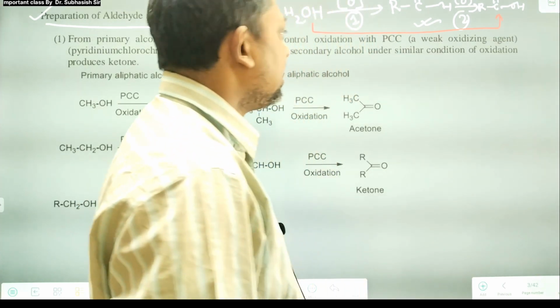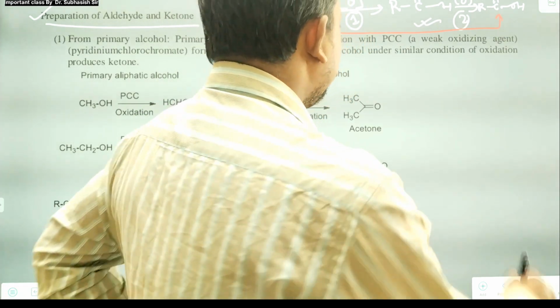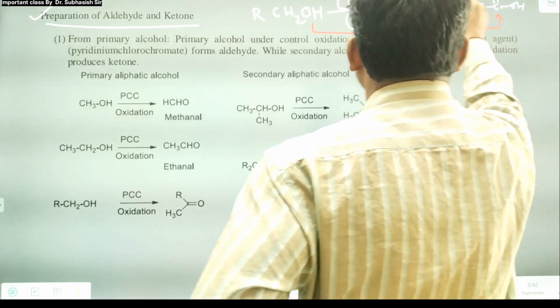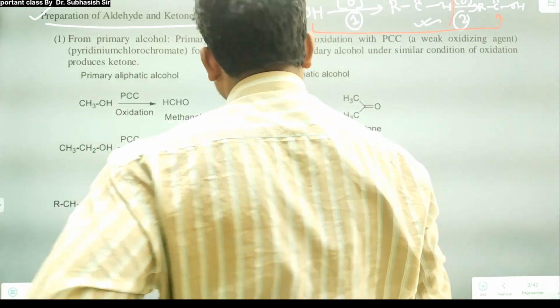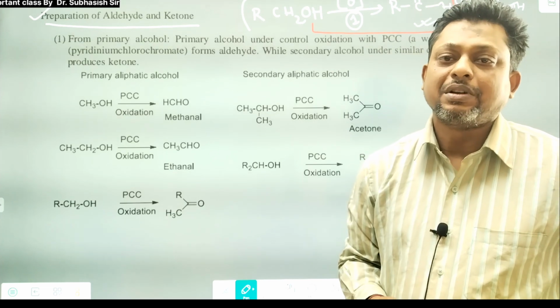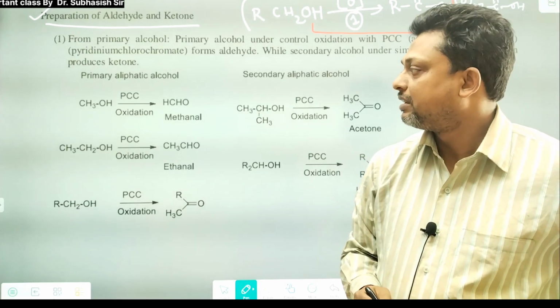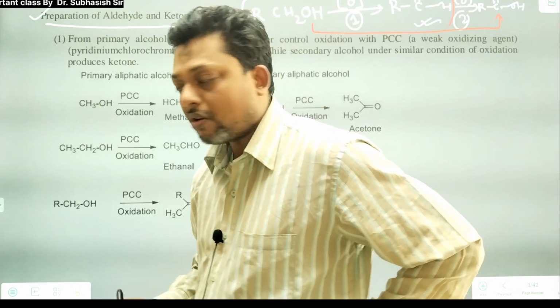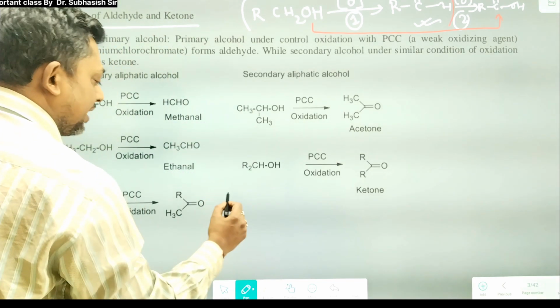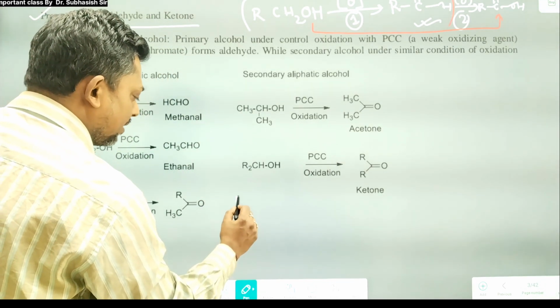And if we use a weak oxidizing agent, we can stop the reaction at the aldehyde. In fact, we need these kinds of weak oxidizing agents. PCC is called pyridinium chlorochromate.